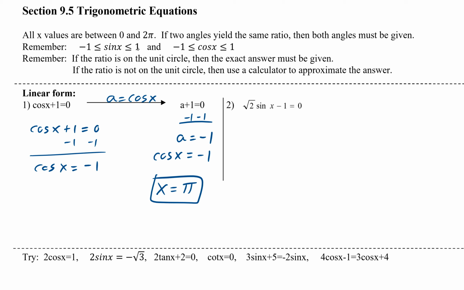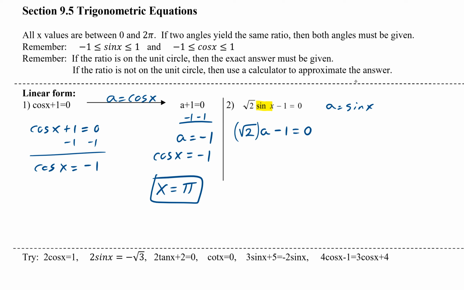So now I'm going to be using the a substitution here on every single problem. If you don't need it, you don't have to, but I'm going to be using it on all of them. So here we're going to say a equals sine x. This is our a right here. So now I can take it and replace it, and that gives me my equation.